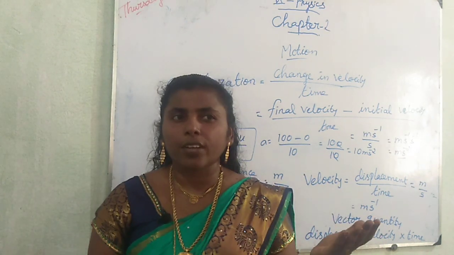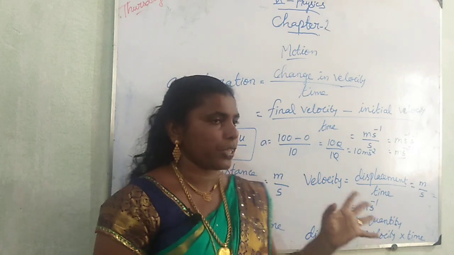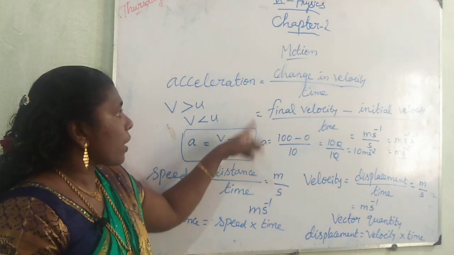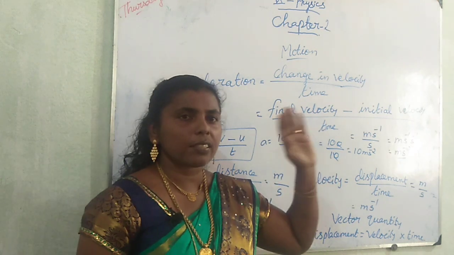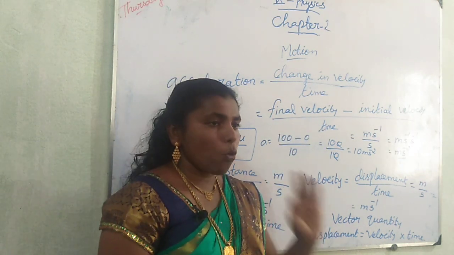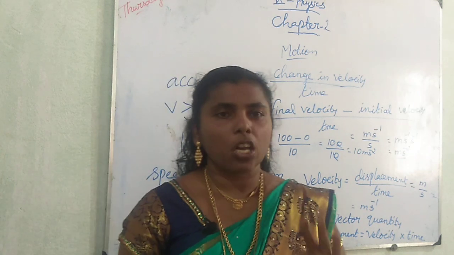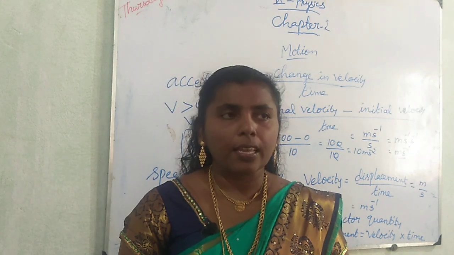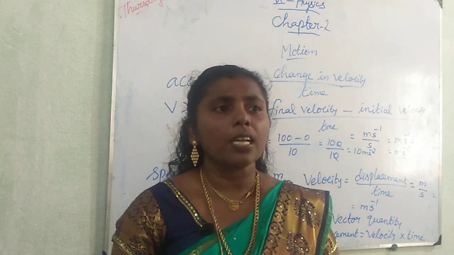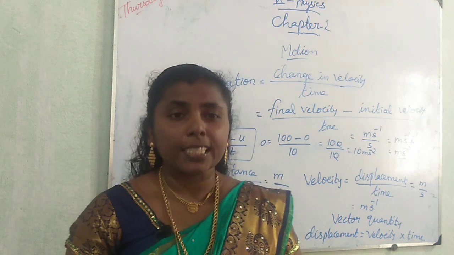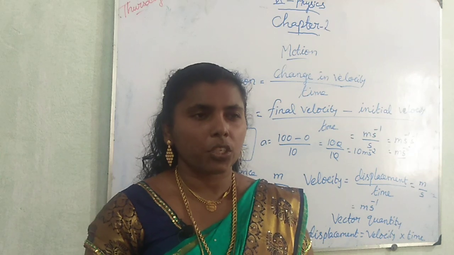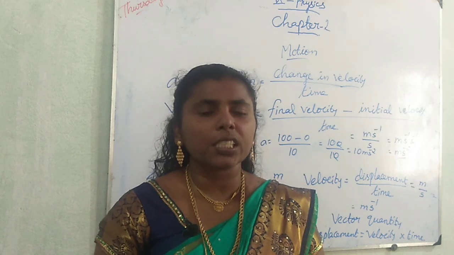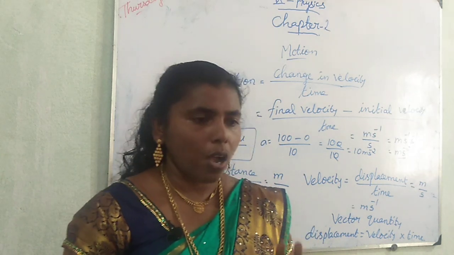Another name for negative acceleration is deceleration or retardation. So these are about acceleration, speed and velocity. In this motion lesson we have learned the definition of motion and the types of motion, and distance, displacement, speed, velocity and acceleration. All the definitions, units, everything fundamental we have to learn.